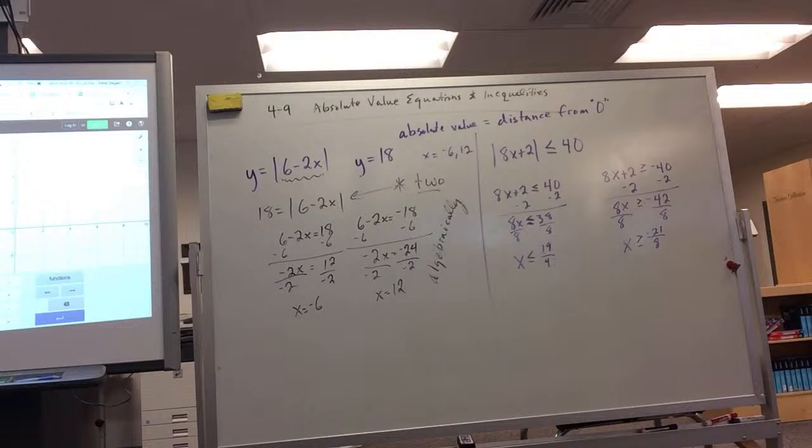Actually, I can just write it this way. I can say the absolute value of 8x plus 2 is less than or equal to 40. So I'm gonna say y though.